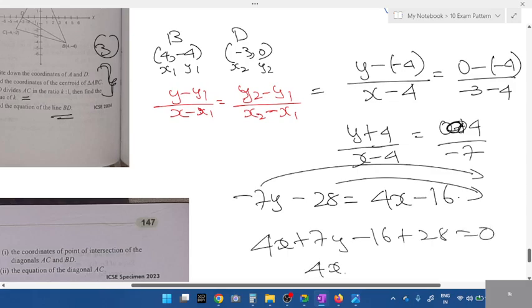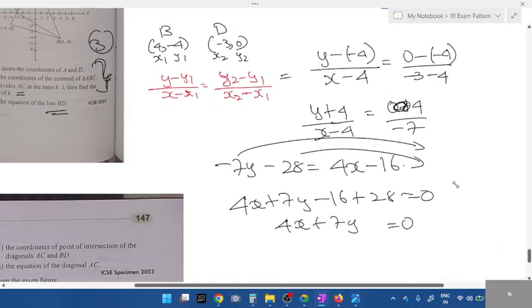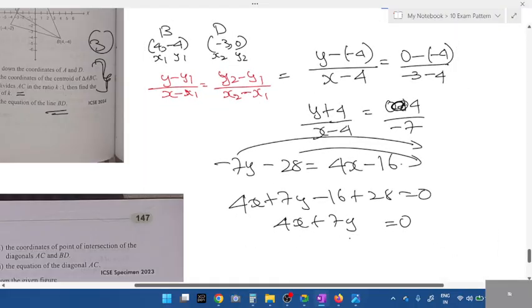What's the answer? How much is minus 16 plus 28, students? Yes. Yeah. This is the final answer.